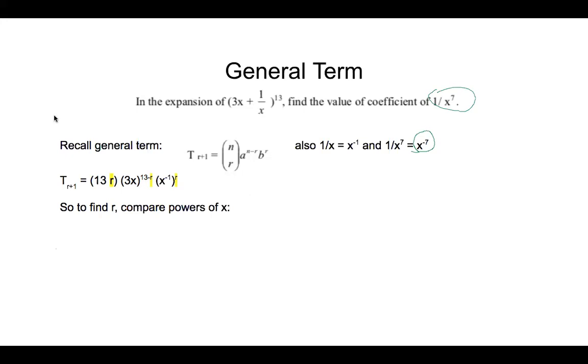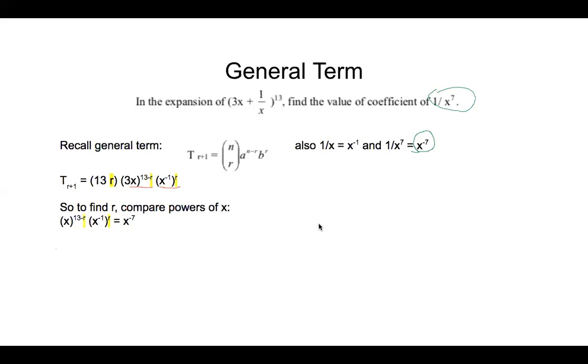We notice that x in the first term gives me a power of 13 minus r. And then the b will give us x power -1 times r. So we're going to do a comparison based on this. We're comparing that the power of x due to a was 13 minus r. Power of x due to b was -1 times r. The result of that should give me x power -7.